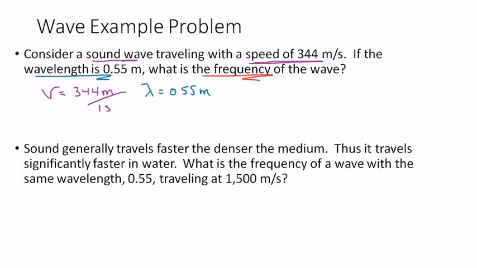So let's just say I didn't memorize all three of those. I'm after frequency, but the one I did memorize is I know velocity is equal to frequency times wavelength. And this is what I usually do. If I want to get frequency by itself, divide both sides by wavelength, and then rewrite it.